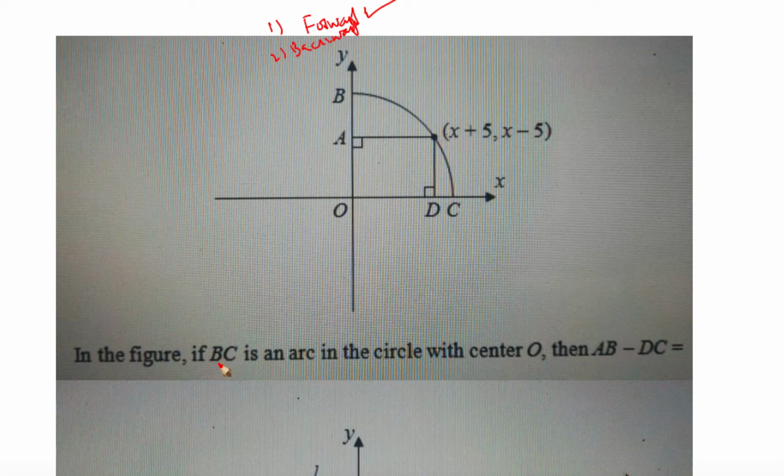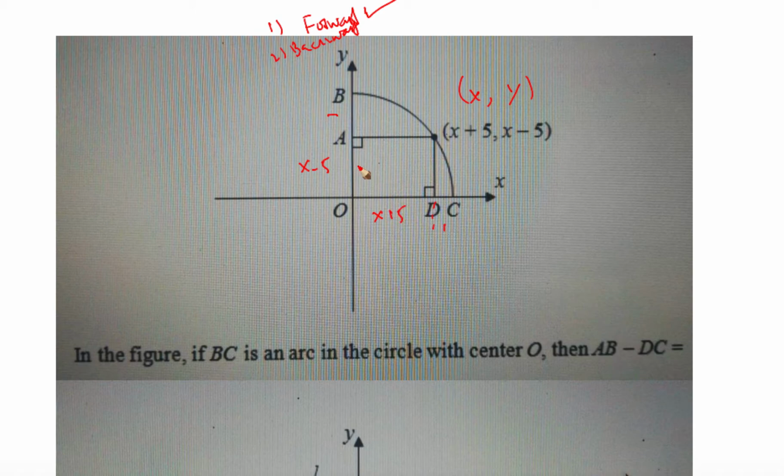He tells the question: in the figure, ABC is an arc in the circle with center O, so here it is the center. Then AB minus DC, this part and this part. If I write this point as X and this as Y, then Y is up to this X minus 5 and X is up to this point, X plus 5.